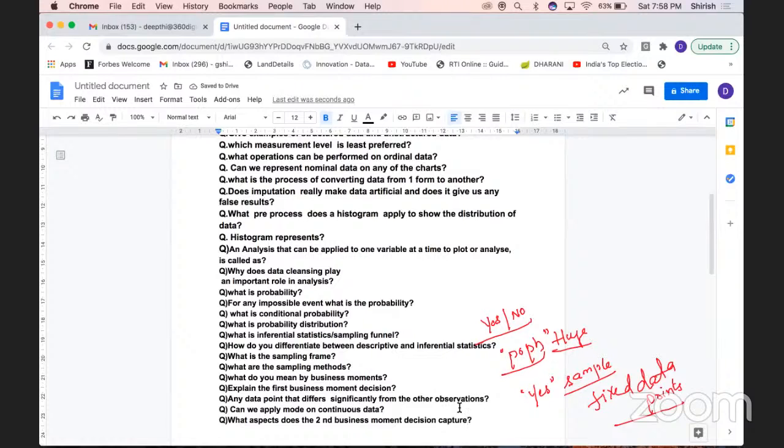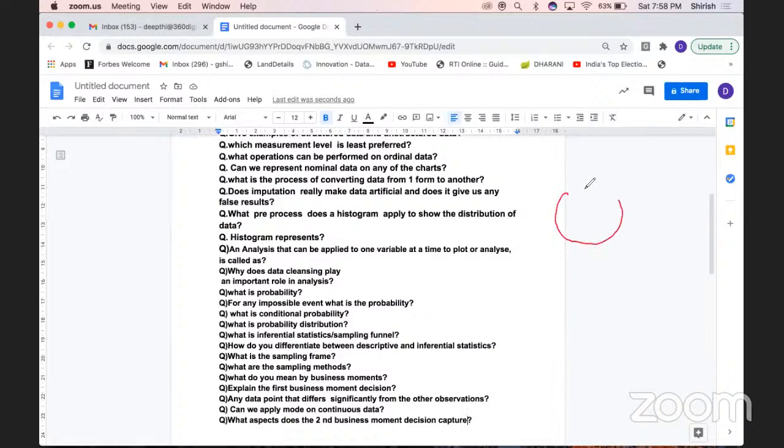One more thing you're forgetting, friends. Standard deviation, variance, yeah, exactly. Range. Range is also important. So the second business moment captures the average spread of the data from the center.